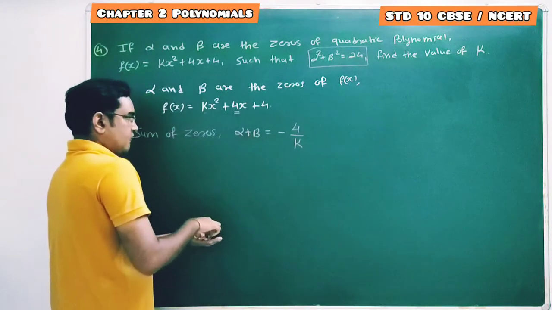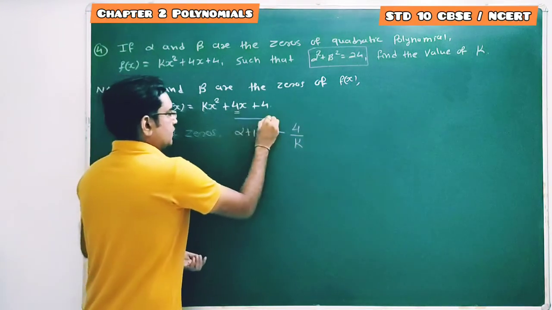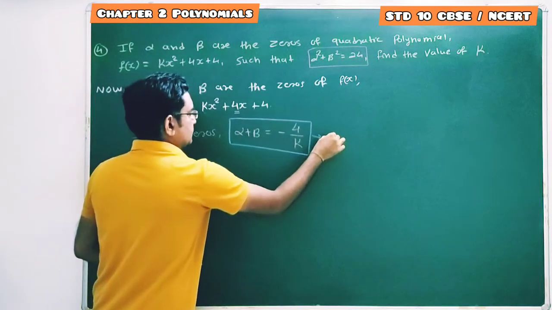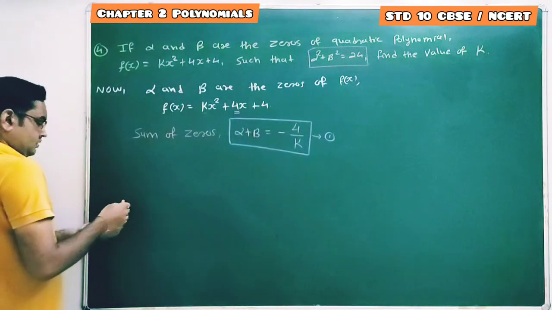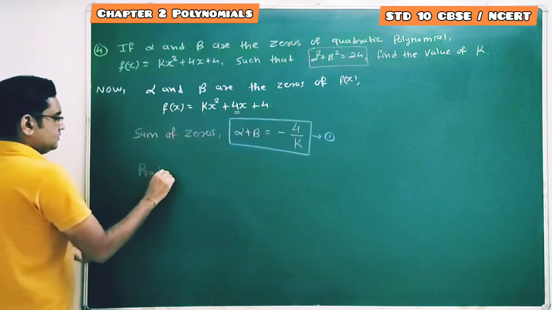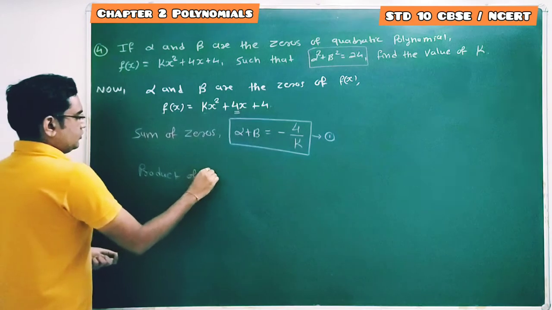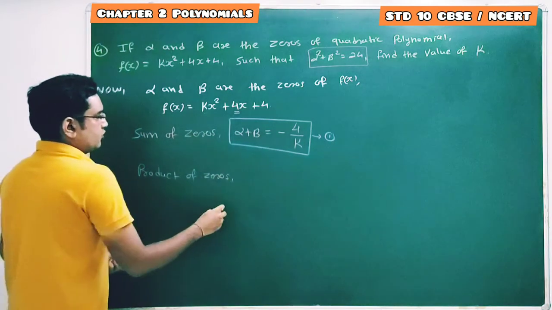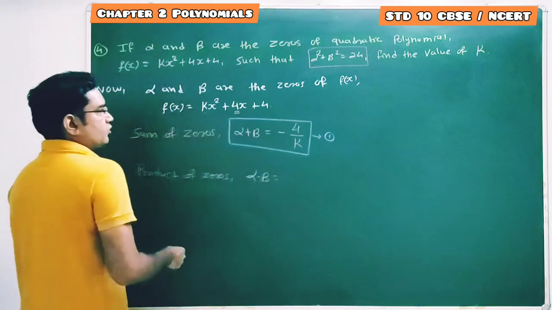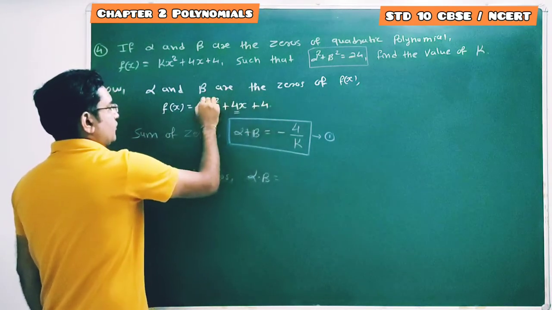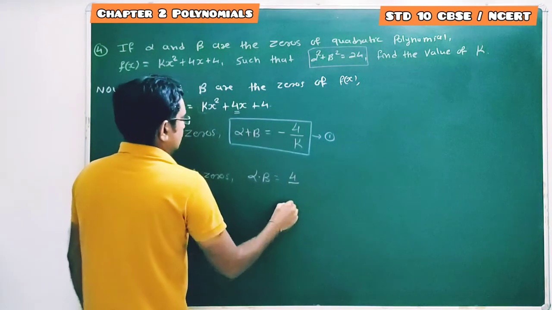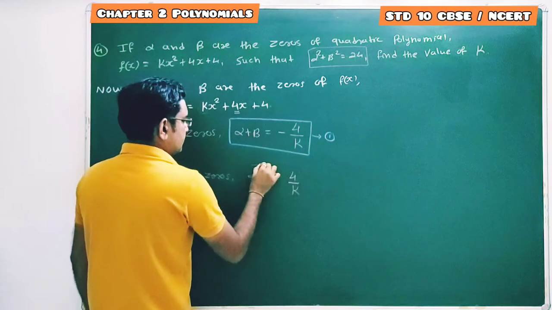Done. So our alpha plus beta is equal to minus 4 by k. Say result number 1. Same way we can write product of zeros is nothing but the alpha into beta, that is equal to constant term upon coefficient of x square. So it's 4 by k.